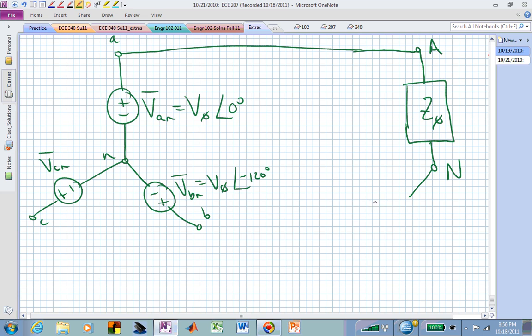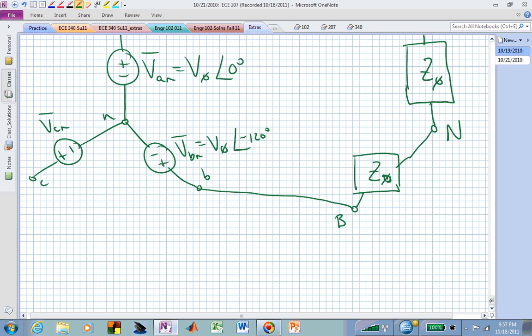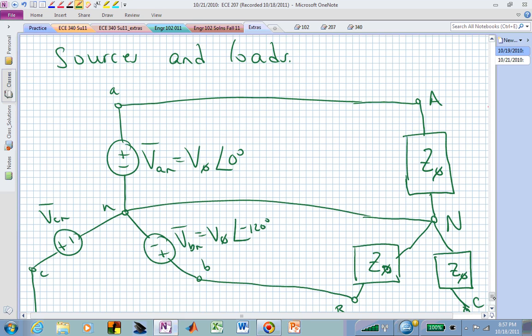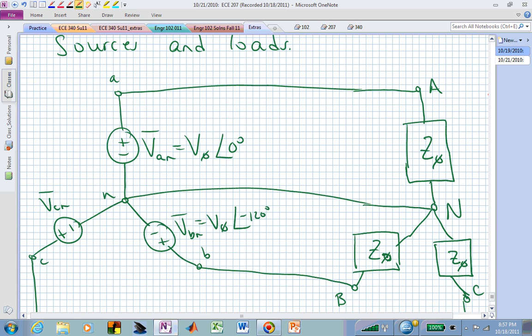We then could have the B phase, and we could have the C phase. Likewise, we probably want this neutral conductor between the neutral terminals in the source and the load.